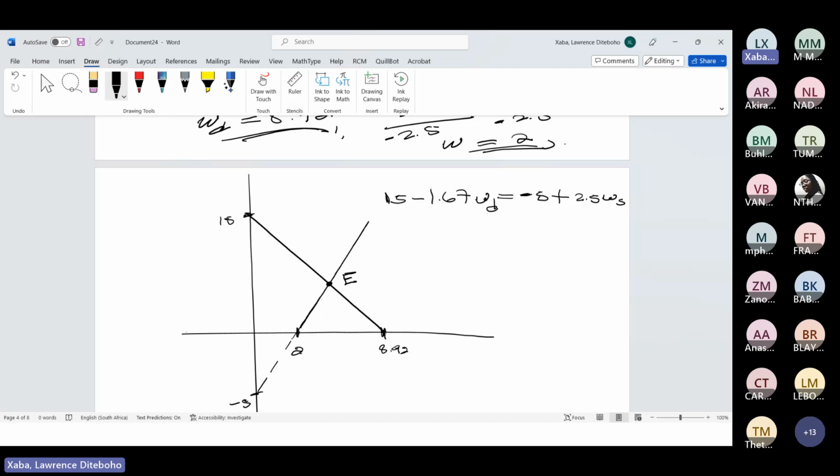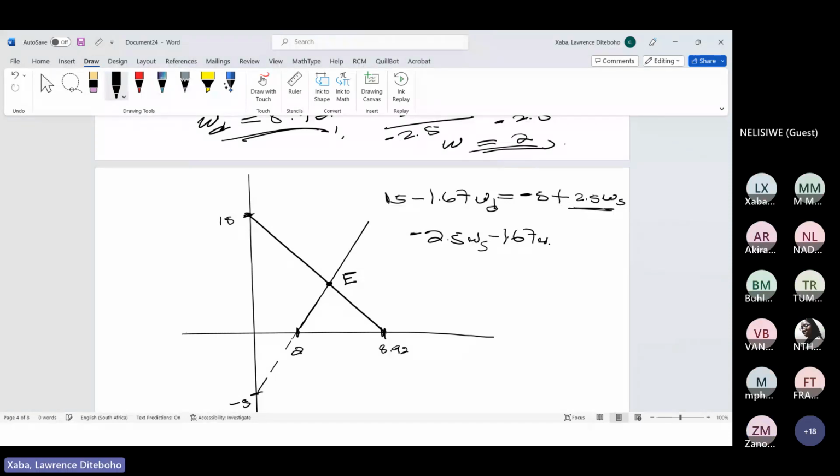We'll have to take the common factor and group them together. So we are saying, okay, let's take 2.5 W subscript S to the left-hand side, and we take this 15 to the right-hand side. So we end up having negative 2.5 W minus 1.67 W D that equals to -5 minus 15.